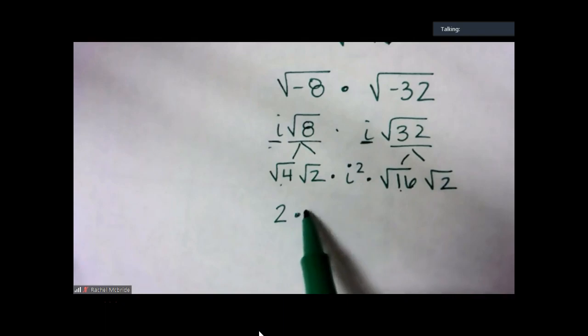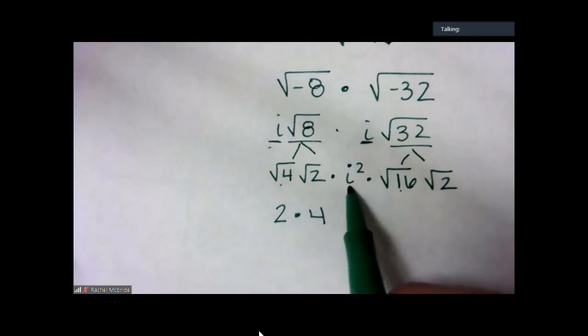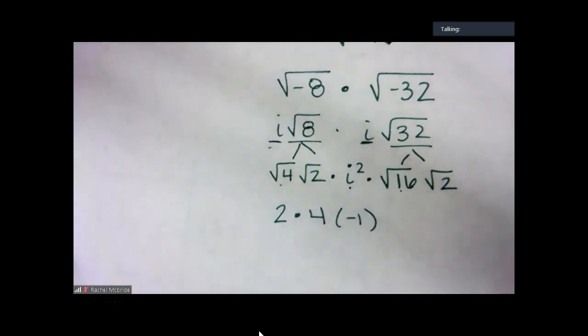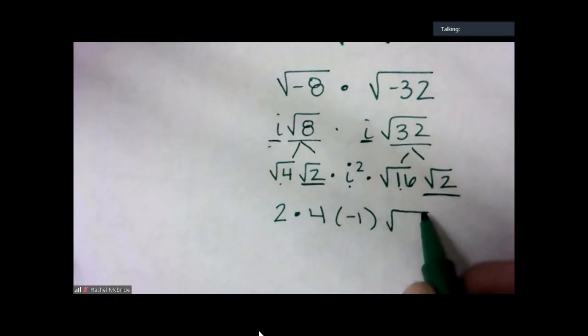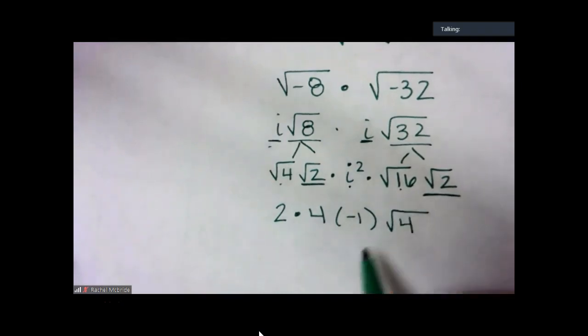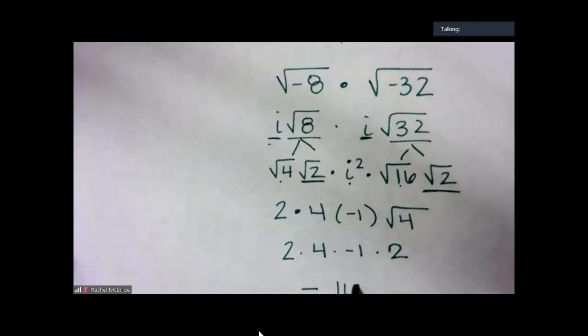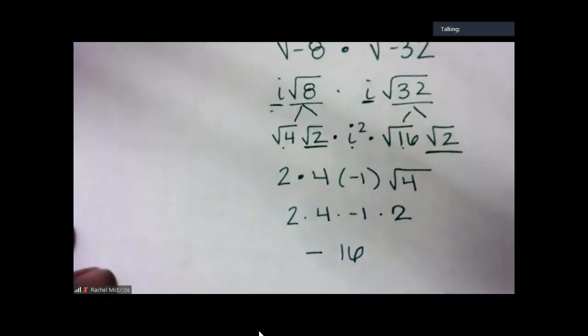Square root of 4 is 2. Square root of 16 was 4. i squared became negative 1. But that left you with the square root of 2 and the square root of 2, which became the square root of 4. So you had 2 times 4 times negative 1 times 2, or negative 16.